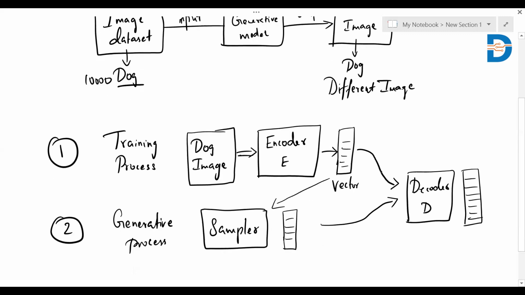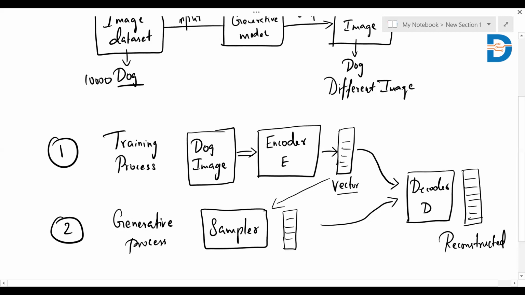The dog images have been converted into numerical vectors and they have to be reconstructed. That is what occurs in the decoder part. Whenever a set of images is given into an encoder, it will be transformed into a set of numerical vectors, and that will be given to the decoder to be reconstructed into the original image.